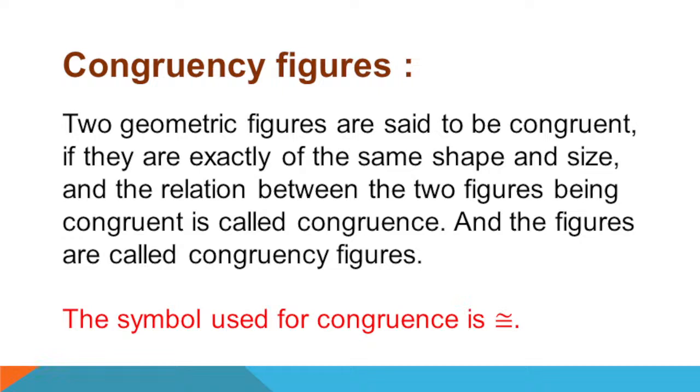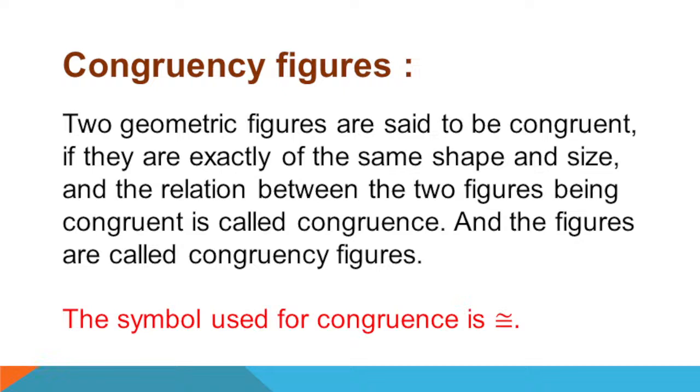First of all, what is congruency? See carefully. 2 geometric figures are said to be congruent if they are exactly of the same shape and size, and the relation between the 2 figures being congruent is called congruence, and the figures are called congruent figures.